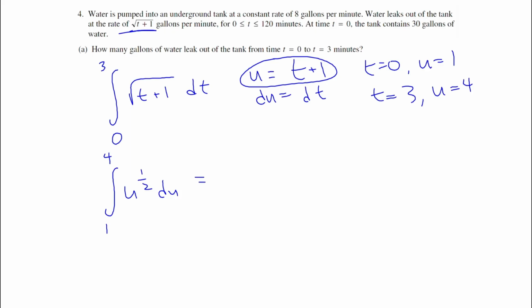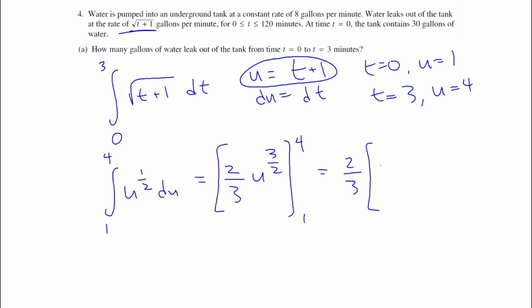The integral of u to the 1/2 is just 2/3 u to the 3/2, and we'll evaluate from 1 to 4. And so when we do that, we've got 2/3 of 4 to the 3/2 minus 1 to the 3/2. First you square root the 4 to get 2, and then cube it to get 8.